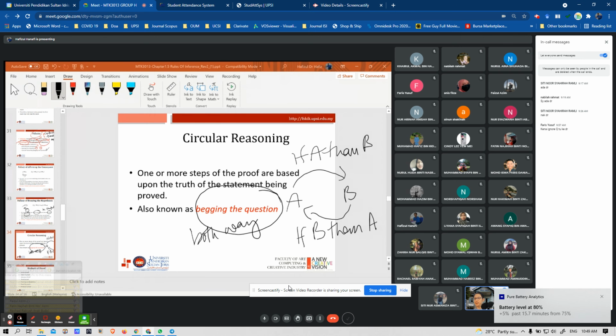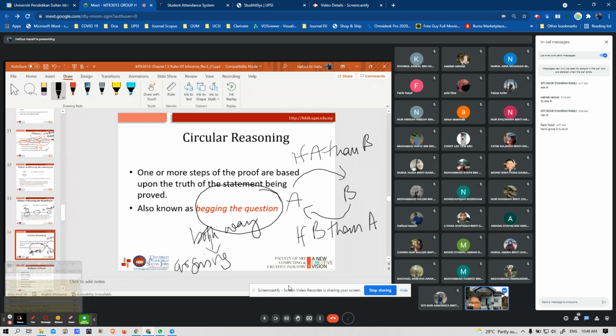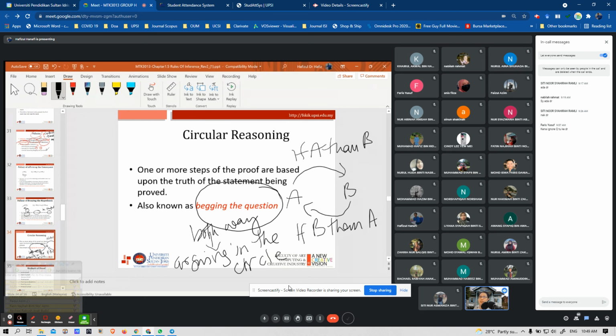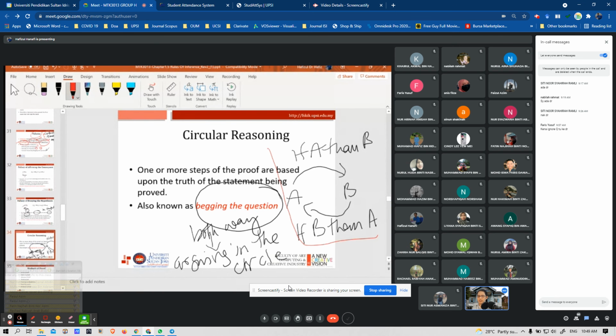Ataupun kamu boleh kata everyone wants the new iPhone because it is the hottest new gadget on the market. Dia either way lah. Or you can say that it is arguing in a circle. Kita boleh argue dalam circle lah, because this one is a circle.